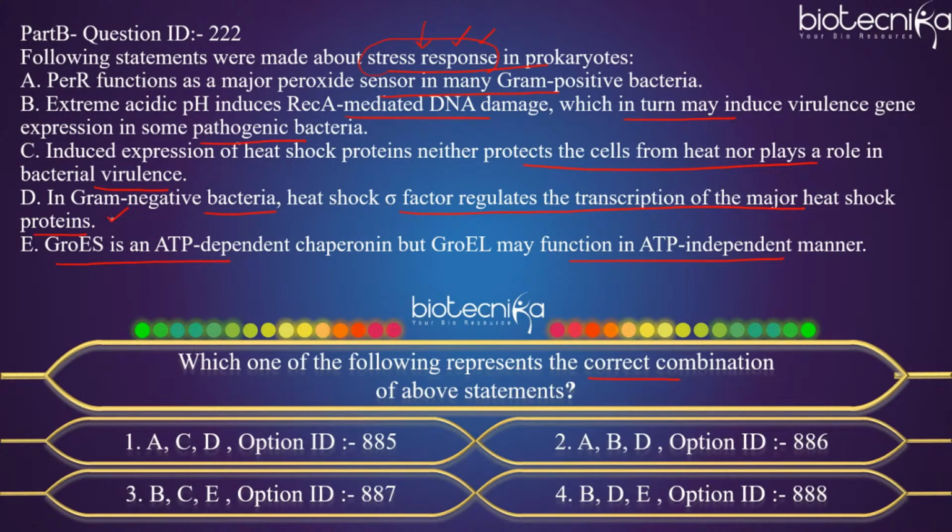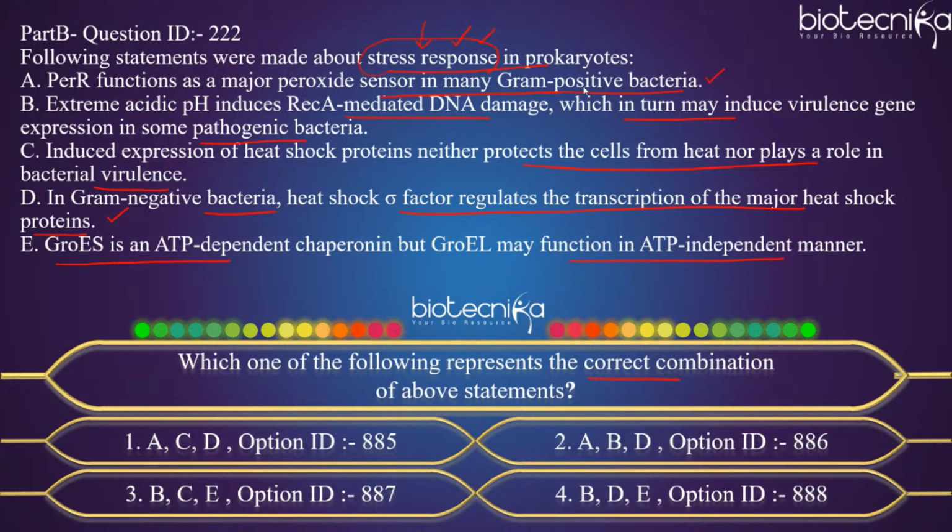Clear, right? And then PerR functions as a major peroxide sensor in many gram-positive bacteria. So yes, PerR is responsible in many gram-positive bacteria. It is a major peroxide sensor. What does a peroxide sensor do? It can sense the hydrogen peroxide that is present.